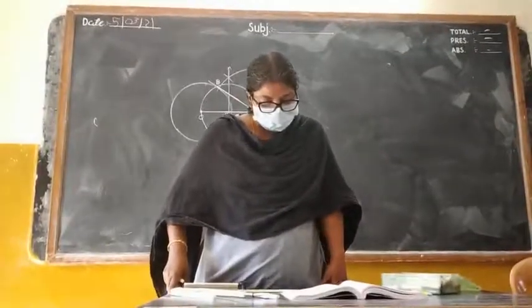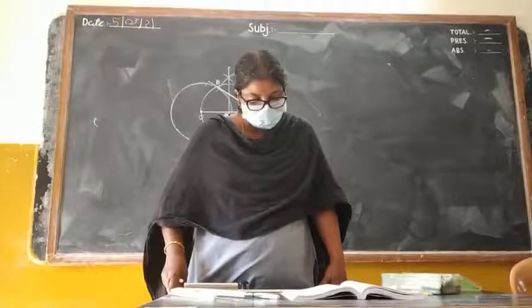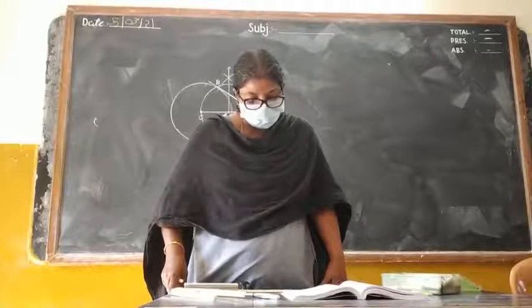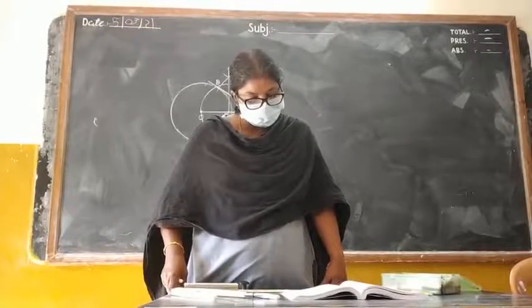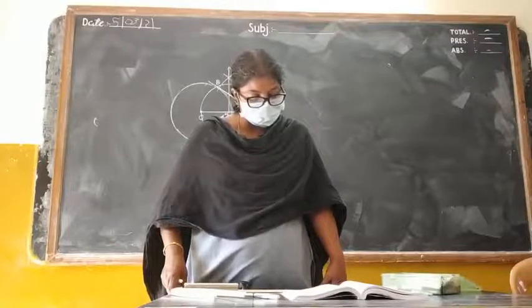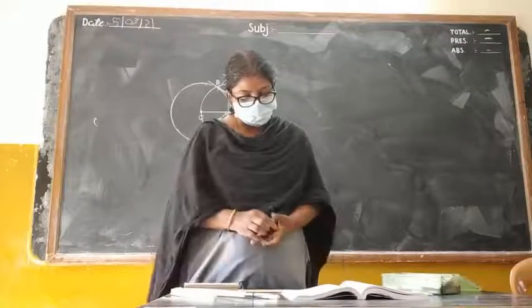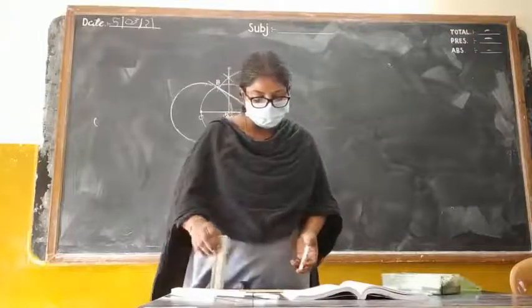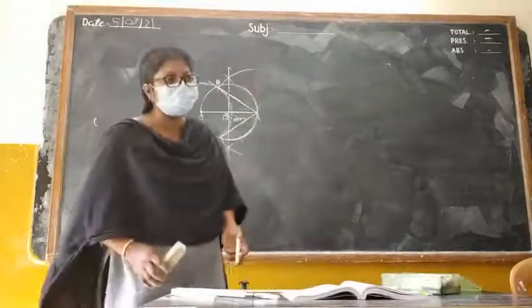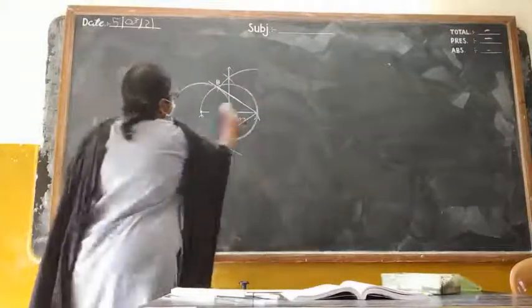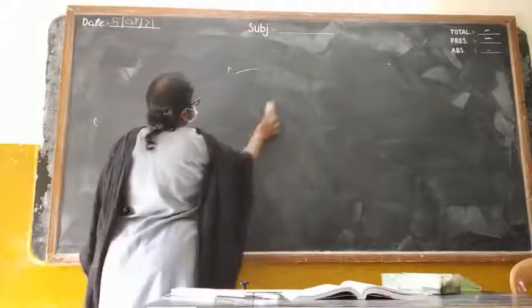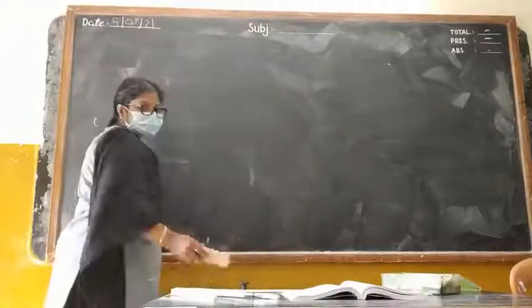Construct a tangent to a circle of radius 4 cm from a point on the concentric circle of radius 6 cm and measure its length and also verify the measure by actual calculation. Now, two concentric circles you have to draw.